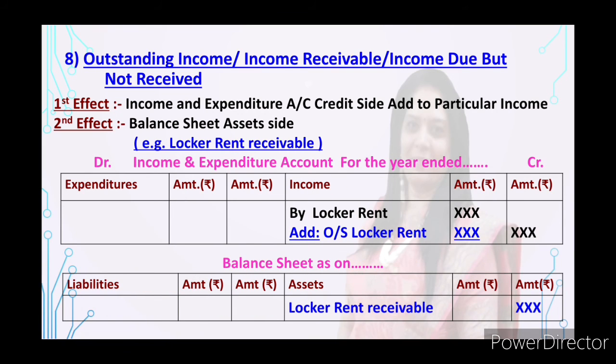You can see here on the credit side, that is the income side, by locker rent, add outstanding locker rent, and after adding, the total amount will be recorded in the outer column. Second effect is in balance sheet asset side. Here you have to write locker rent receivable. Otherwise, you can also write outstanding locker rent, and the amount will be recorded.